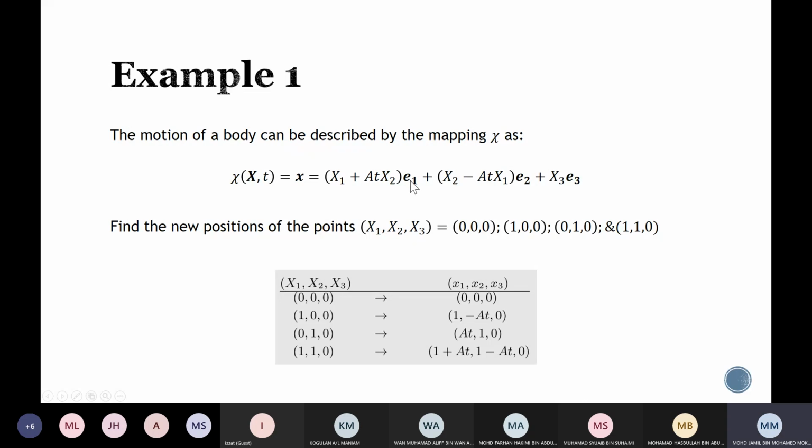This is the new vector for small x. Let's say a question asks you to find the new position of the points 0, 0, 0; 1, 0, 0; 0, 1, 0; and 1, 1, 0.